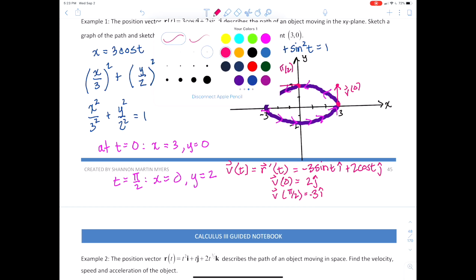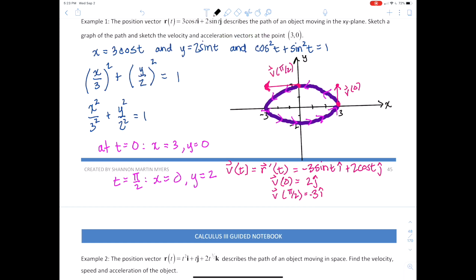So our acceleration vector, we would just take the derivative of r prime at t, right? So a at t is going to be r double prime at t, which will be -3 cosine t times i minus 2 sine t times j.